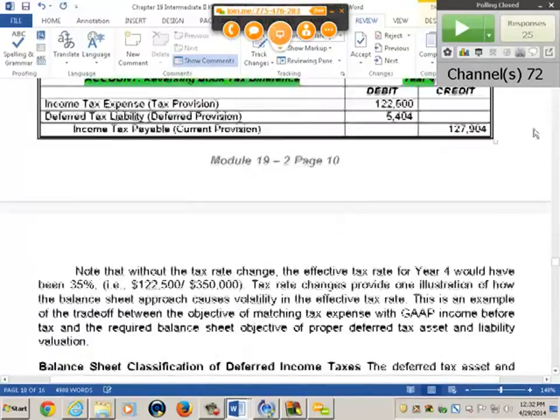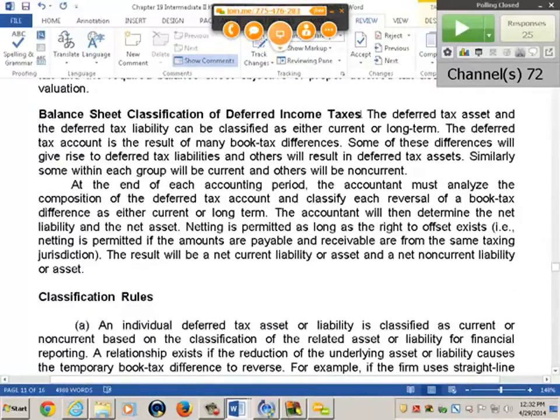Okay. All right. One other issue with this balance sheet approach is the classification. So if you think about classifying, you typically classify based on what? 1 year or operating cycle is current, more than 1 year operating cycle is non-current.